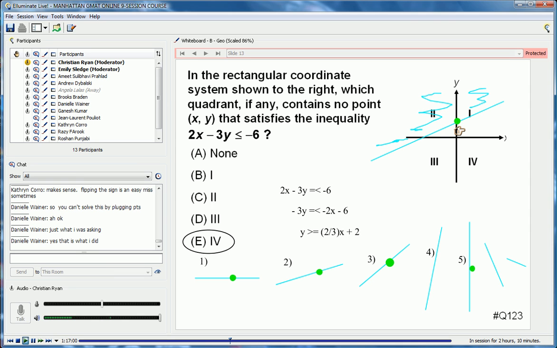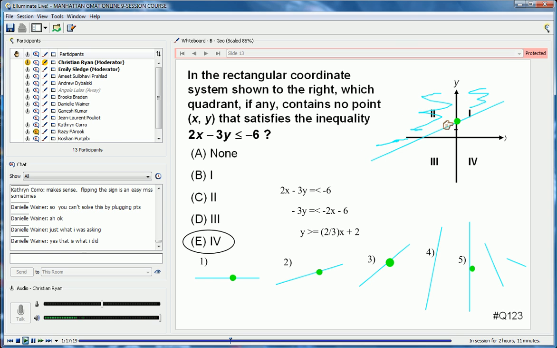However, that doesn't prove that there's no point in quadrant 1 that satisfies the inequality. So the point plugging method is only something you use as a last resort. You can solve it, but you'd have to find these points here, and then find these, and then find these.